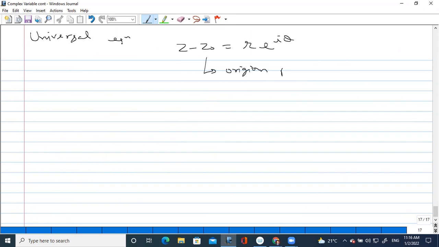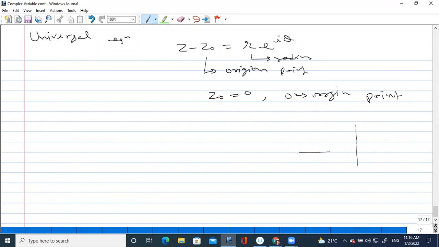So this is the origin point. And this r gives you the radius, if you are saying in polar coordinates. So here if you take z0 equal to 0, okay, so 0 will be your origin. Only this much I told you. So this is your origin point.